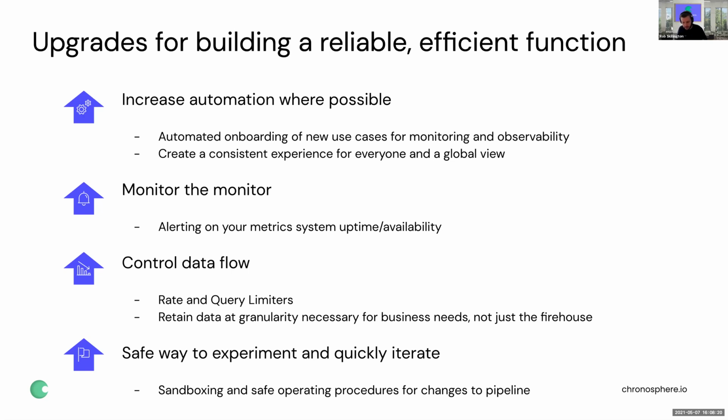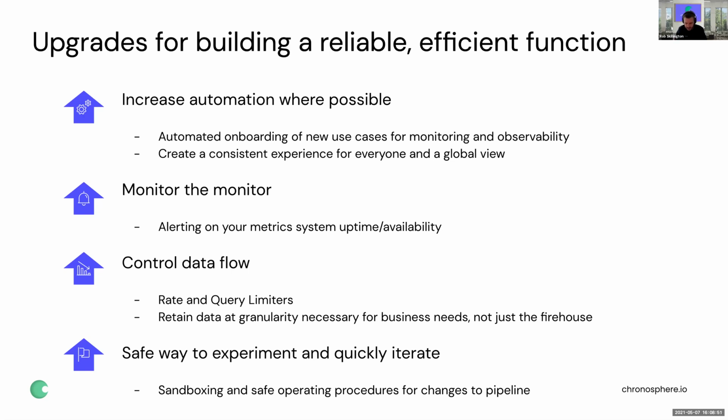At Chronosphere, a large part of our product is open source M3 and the aggregation tiers around really shaping that data on the way in to exactly what you would like it to look like, so that you have fast queries that don't store a whole lot of raw data that you don't need the granularity of. Things like peeling away the instance ID on a default set of metrics can go a long way.